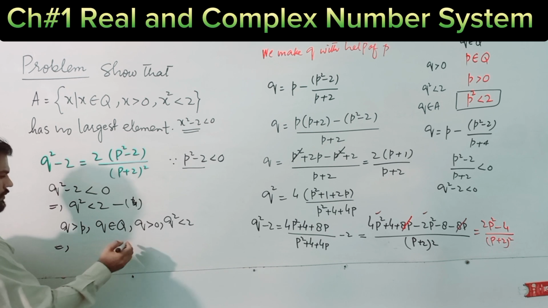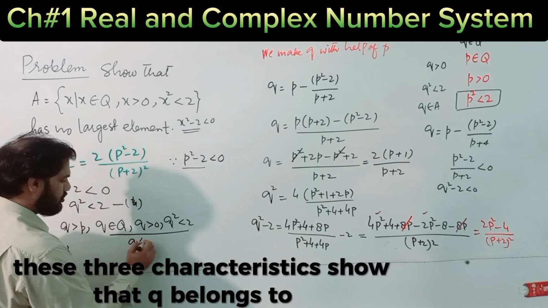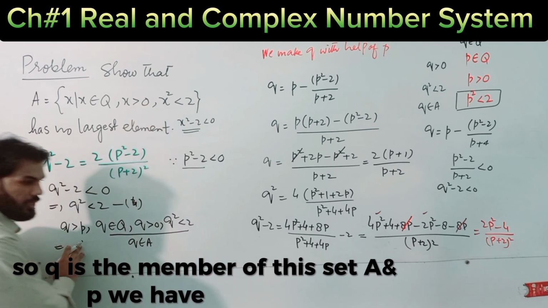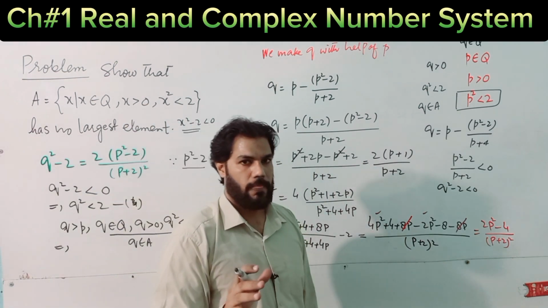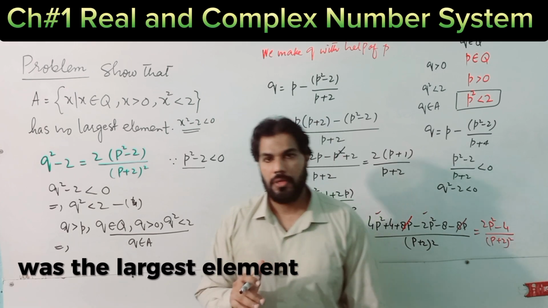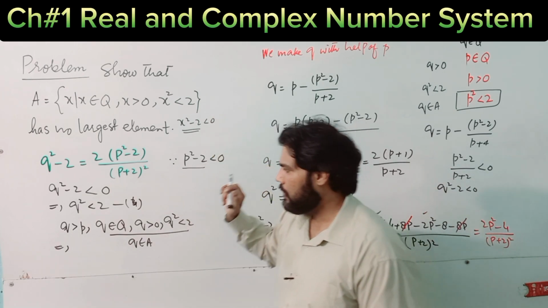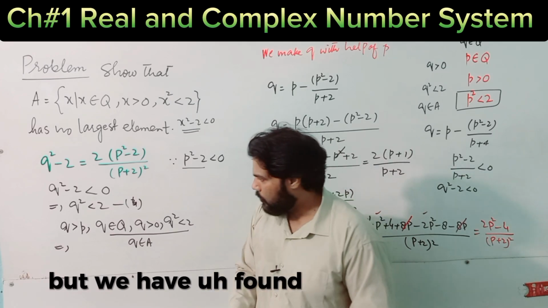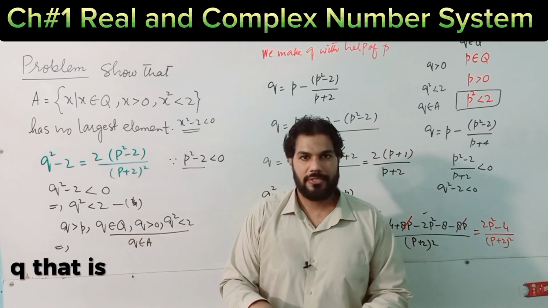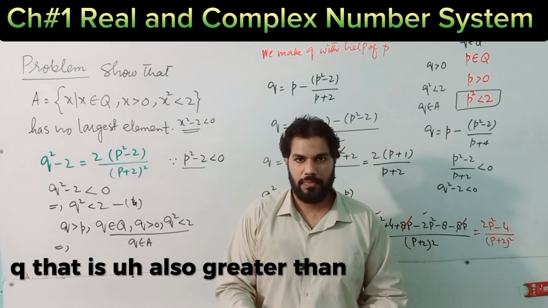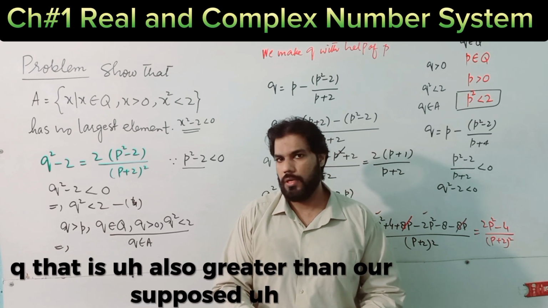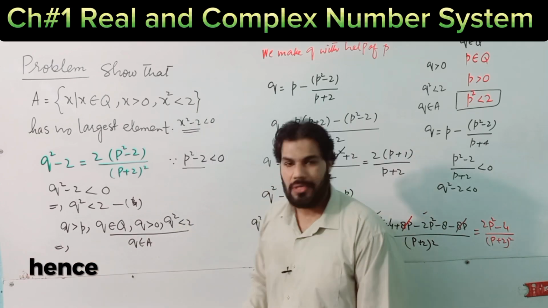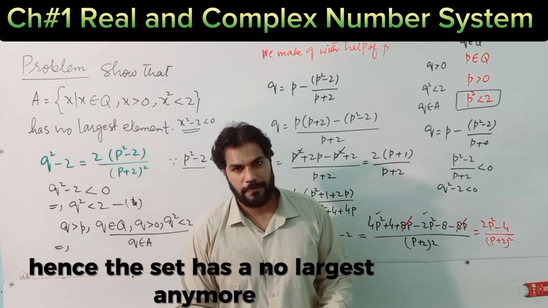These three characteristics show that q belongs to A. So q is a member of this set A, and p we had supposed was the largest element of this set, but we have found here another element q that is also greater than our supposed largest element. So our assumption is wrong. Hence, this set has no largest element.